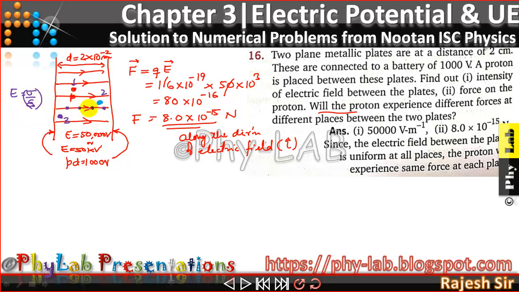The electric field always remains the same. It's uniform at every point, point 1, point 2, as well as point 3. Since the electric field is the same, so is the force, because force depends upon the electric field.